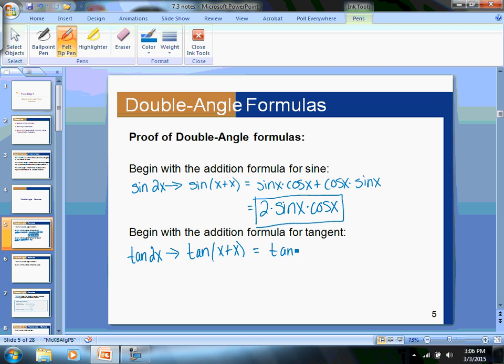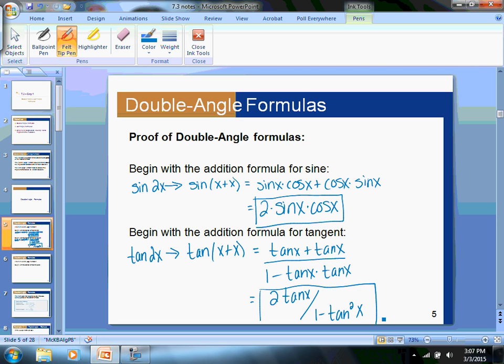So I'll have tangent of x plus tangent of x over 1 minus tangent x times tangent x. So in other words, this is going to be 2 tangent x in my numerator all over 1 minus tangent squared x in my denominator. Okay, so that'll be our formula for the double angle of tangent.